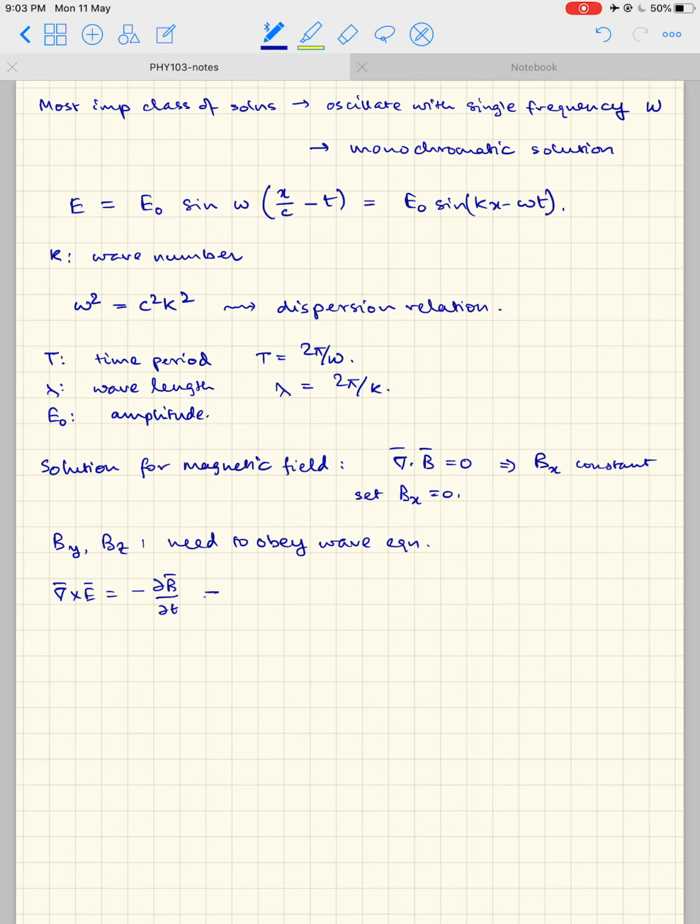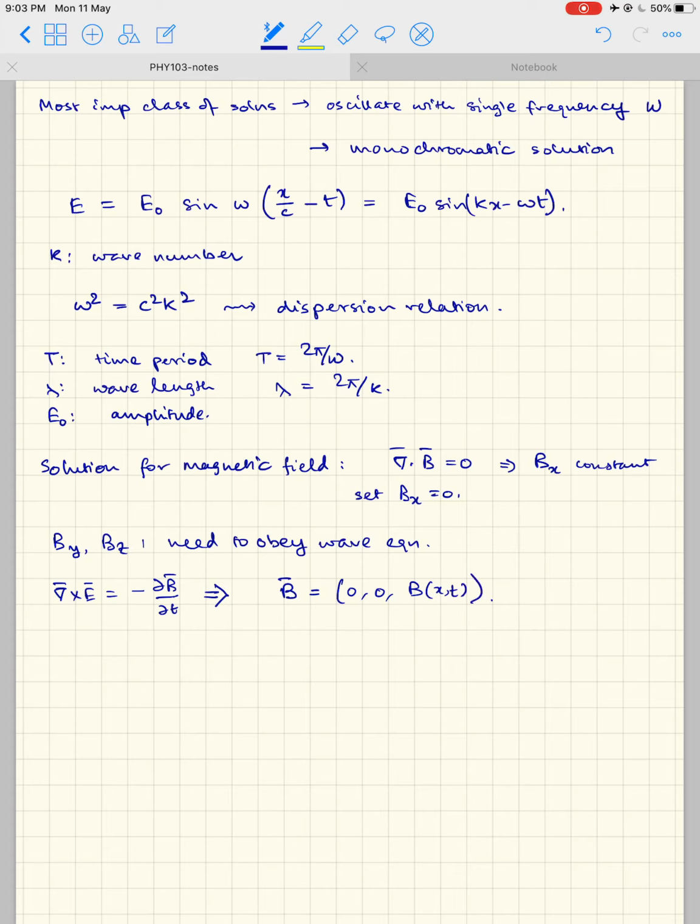So this essentially means that B can only be of the form 0, 0, B_z(x,t).